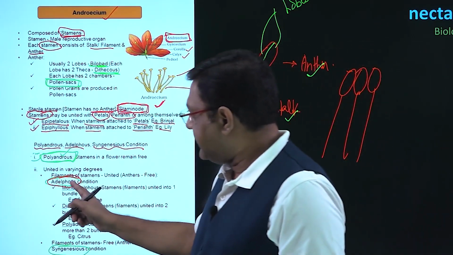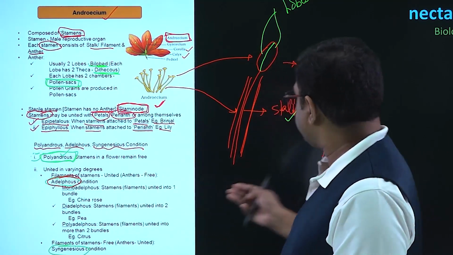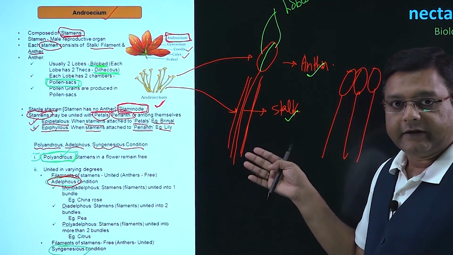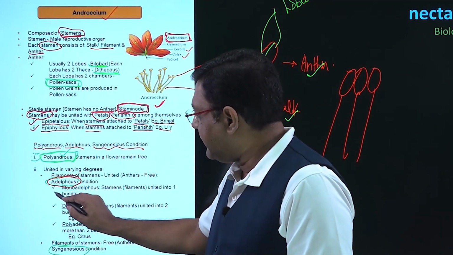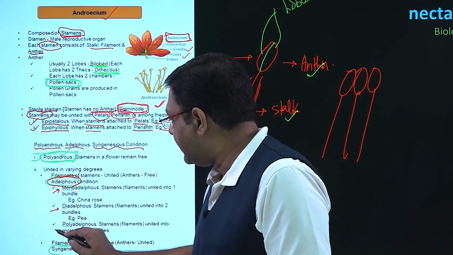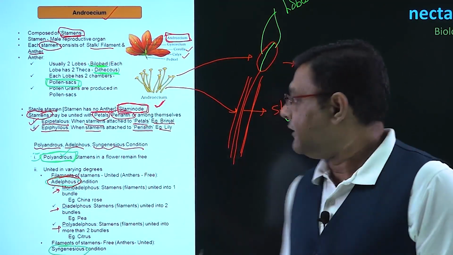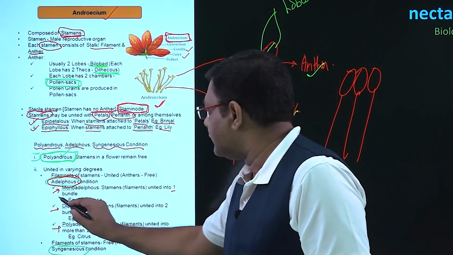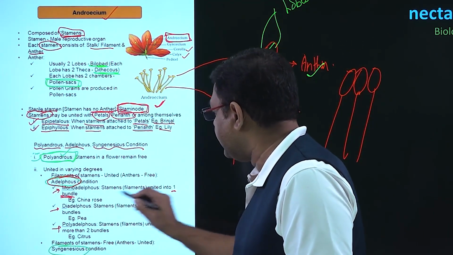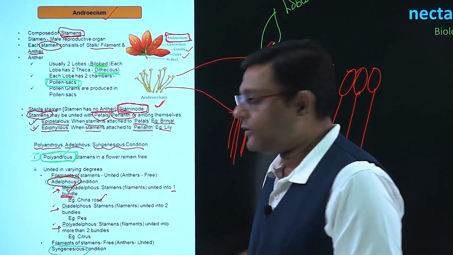So the first condition, that is the Adelphous condition. In this we will see that stalks are united. Now further, this Adelphous condition can be monoadelphous, diadelphous or polyadelphous. Now if filaments which are united form a single bundle, it will be called monoadelphous condition, found in China rose.